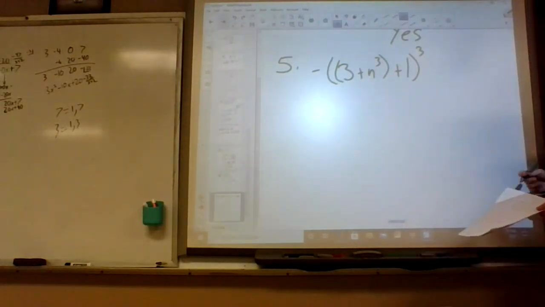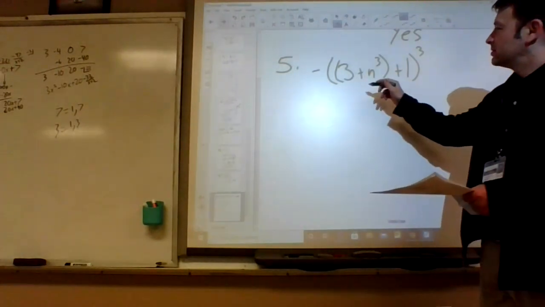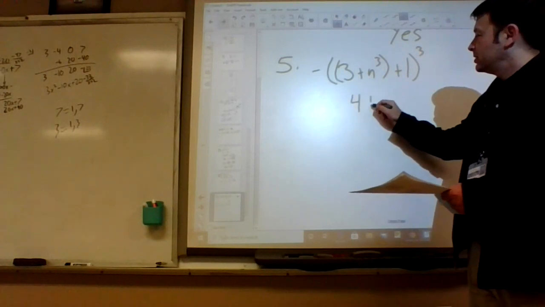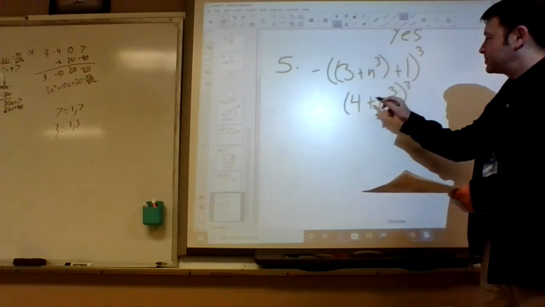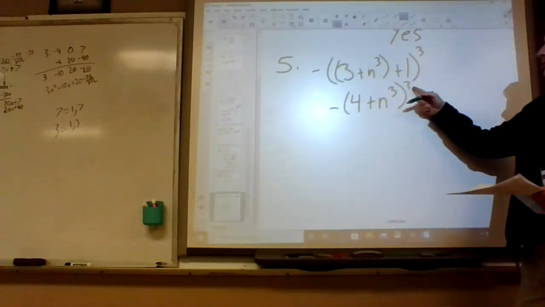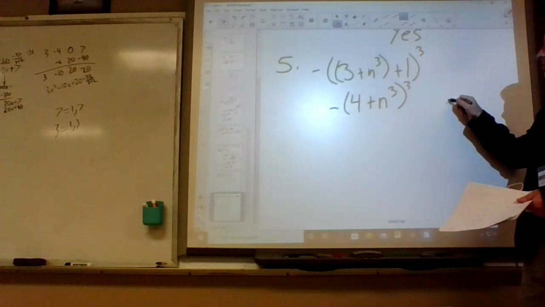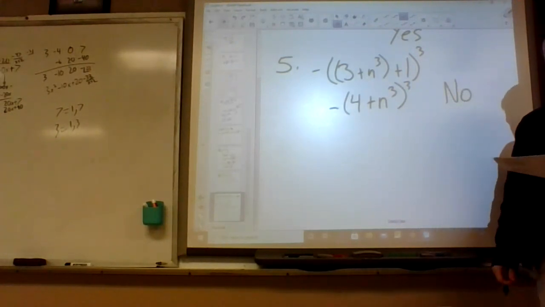So I have 3 plus 1 in here, that would be 4. We actually don't have to do all this, because is 4 plus n cubed going to equal n? No. So we can stop there and say, no, it won't.